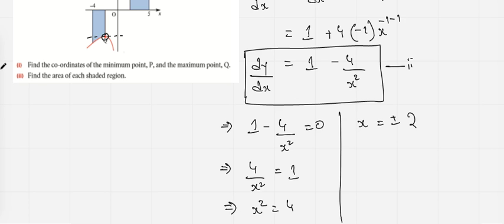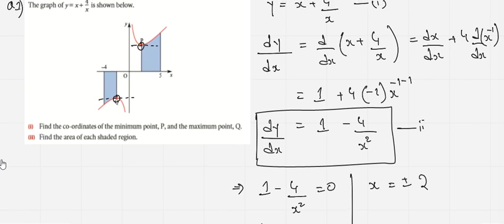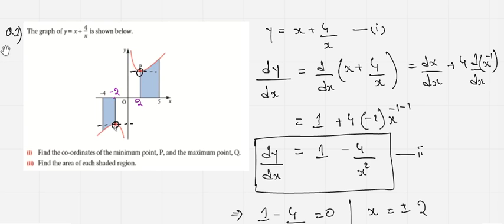So the 2 x coordinates that I have here for my points are, I must use a different color here for you, minus 2 and plus 2. Okay, now the next objective is to find the y coordinate of my P and the y coordinate of my Q. So I pick up my original function, equation number 1, and substitute my x values there one by one and get the corresponding y coordinates, right?